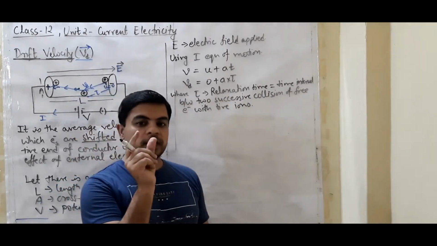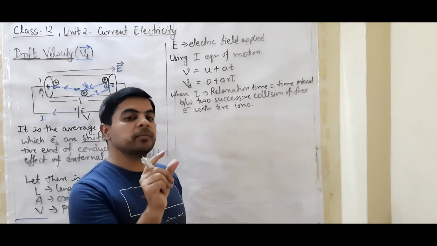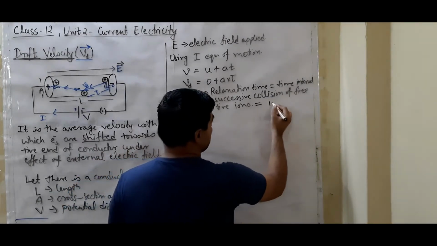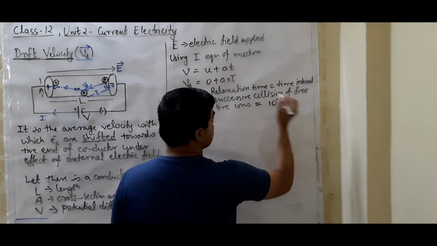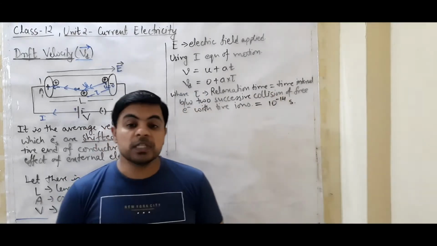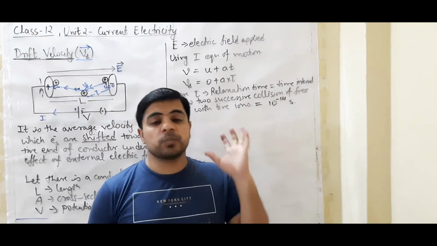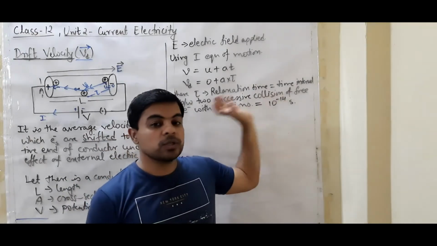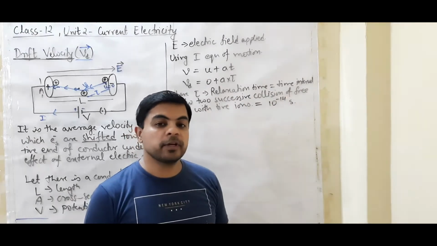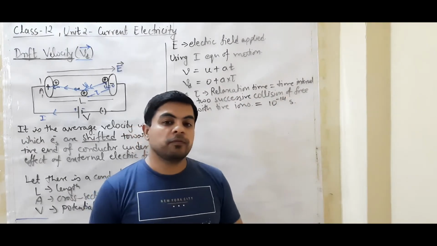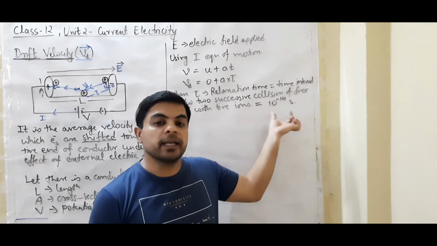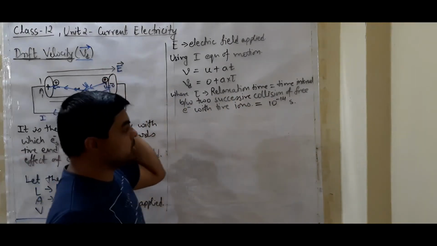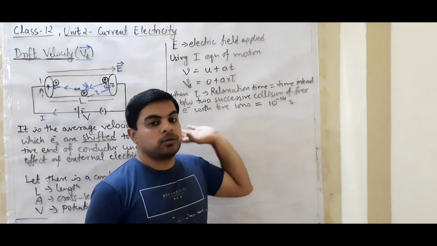The time interval between two successive collisions is denoted by tau, and its order is around 10 to the power minus 14 second, which is very small. 10 to the power minus 14 second means 0.00000 14, then you write 1. So you can imagine what a small fraction of a second it is, and during this the collision takes place for the electron with the positive ion.